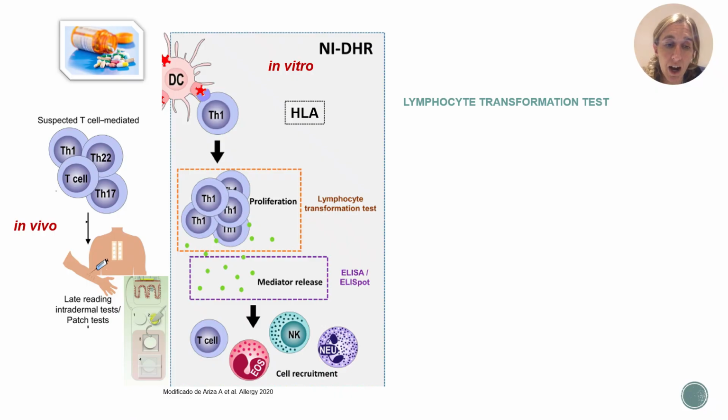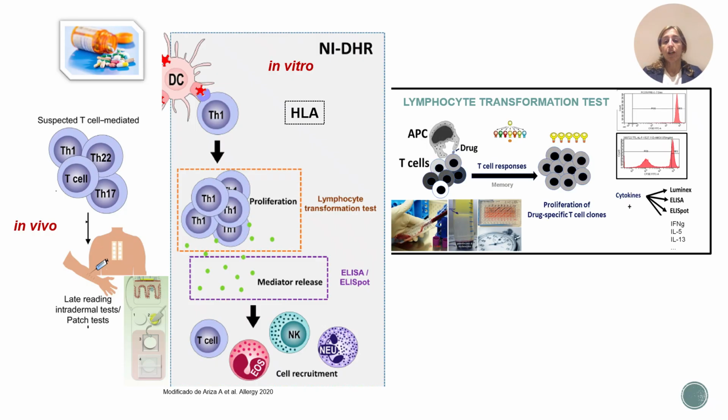But what we can do in vitro is induce a proliferation of the T cell clones that are drug specific, and see whether this proliferation is occurring or not, and check for mediator release and cytokines, etc. In terms of in vivo testing, what we can do is epicutaneous test and intradermal test. Patch test, sorry, in which we expose the patient to the drug and wait to observe the reaction occurring on the skin.